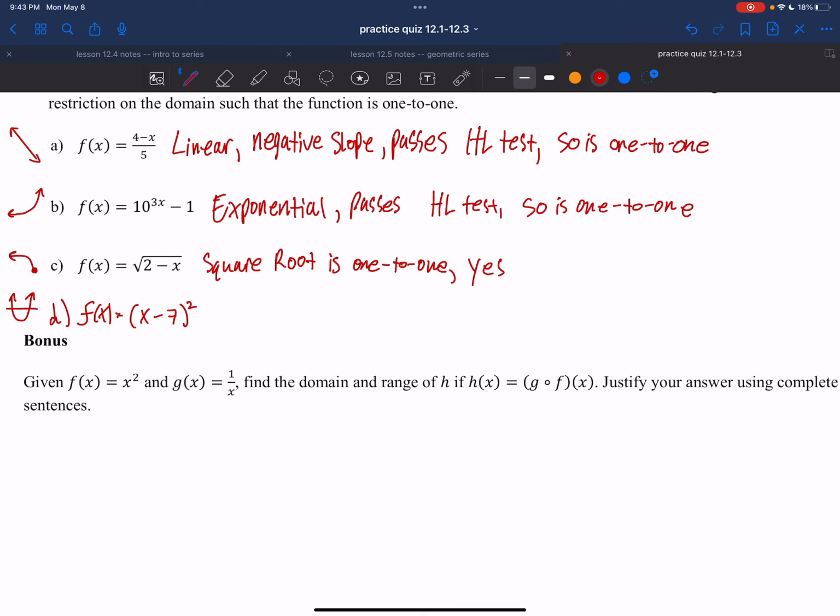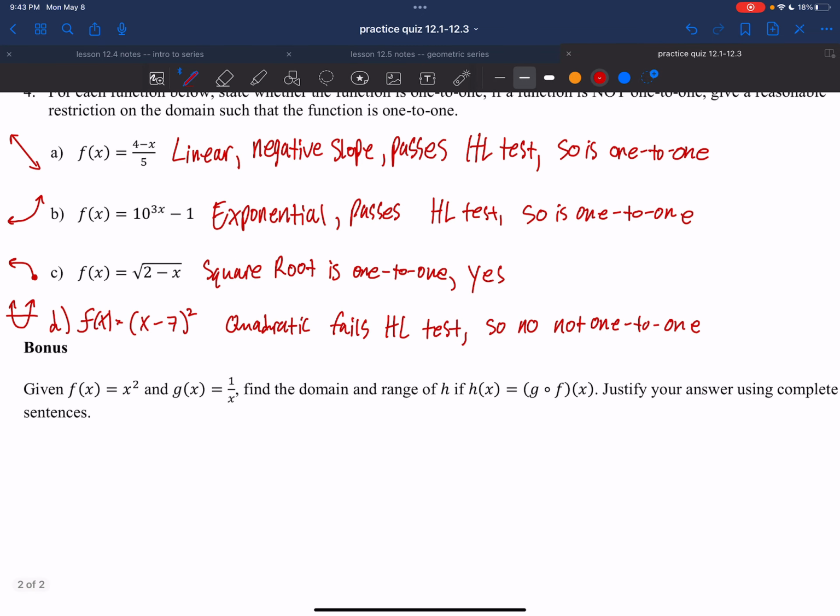Quadratic fails the horizontal line test, right? So quadratic fails horizontal line test. So no, not 1-to-1.